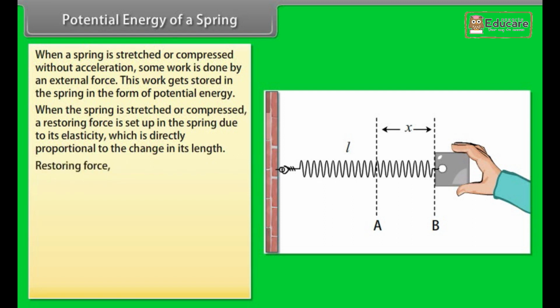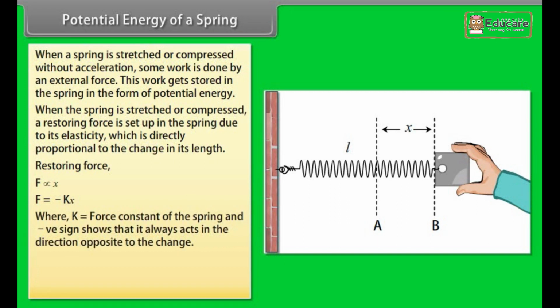Restoring force is given by F is directly proportional to x. F is equal to minus kx, where k is the force constant of the spring and the negative sign shows that it always acts in the direction opposite to the change. Then, external force required at this instant is given by F is equal to kx.